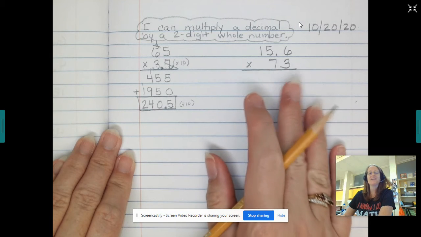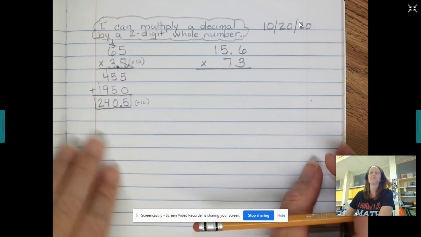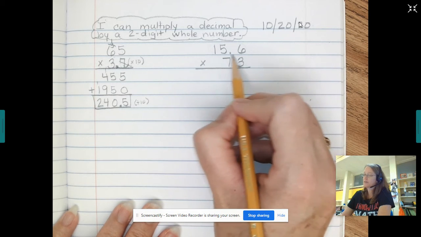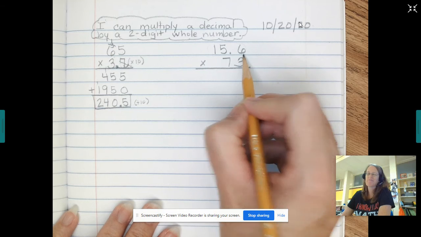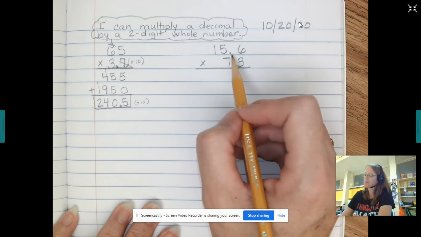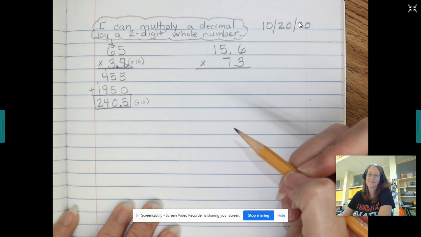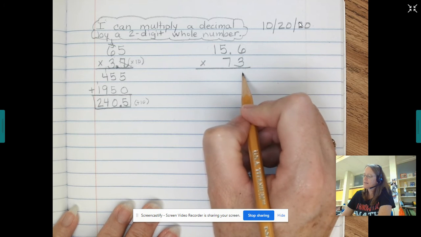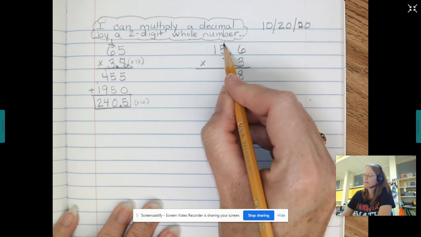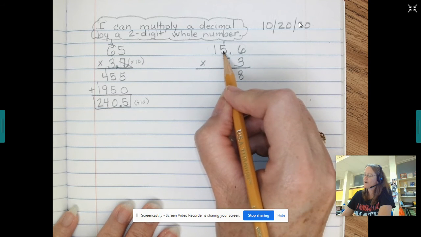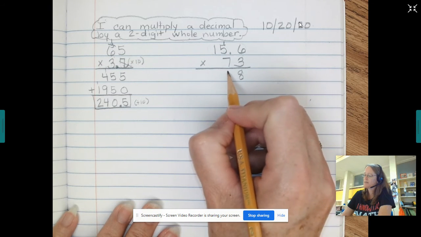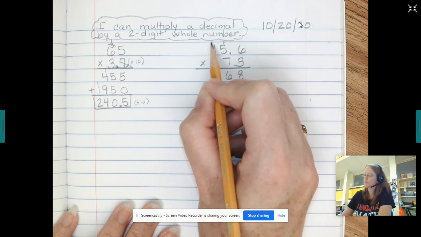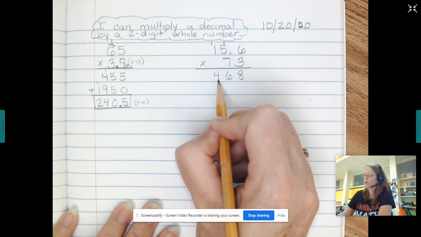Take a look at this next one. We have a 3-digit decimal. Same thing. We're going to multiply pretending like that decimal is not there. Okay? 3 times 6 is 18. Put down the 8, carry that 1. 3 times 5 is 15. 1 more makes 16. Carry the 1. 3 times 1 is 3, and 1 more makes 4.